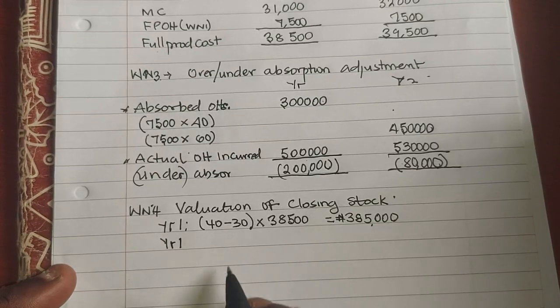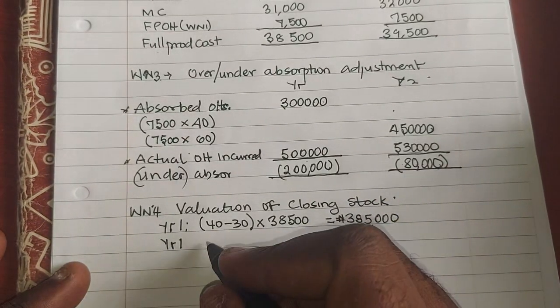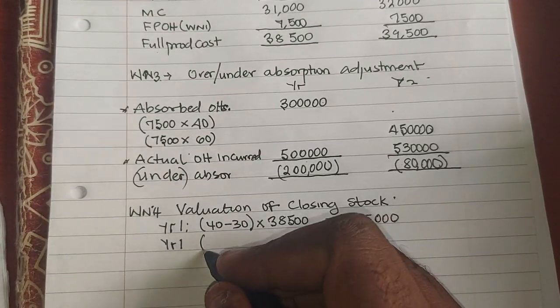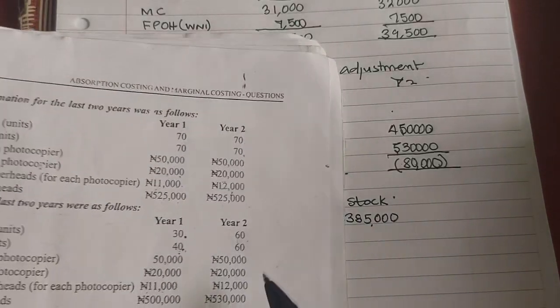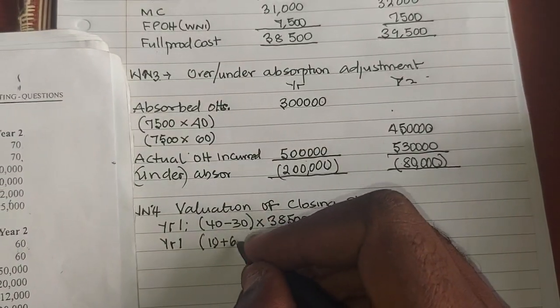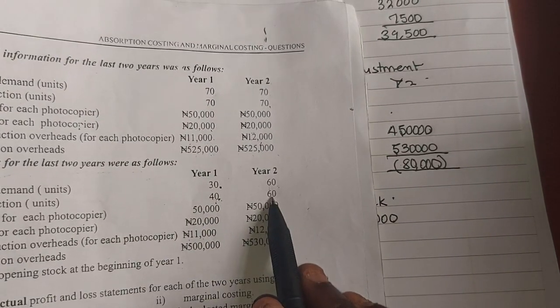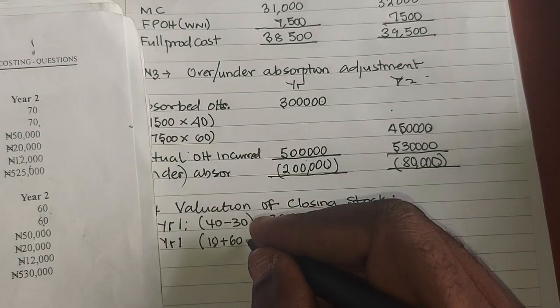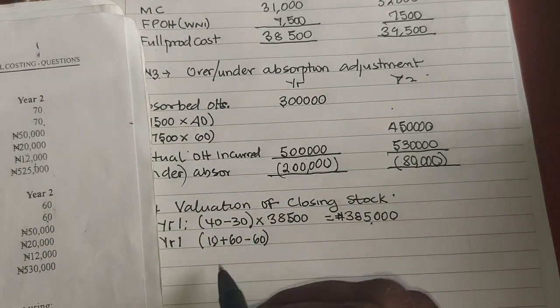how do you calculate your closing stock? We know that our opening stock is 10. When you add production, that is plus what you produce, 60 units, 60 units is produced and 60 units is sold, and that is 10.